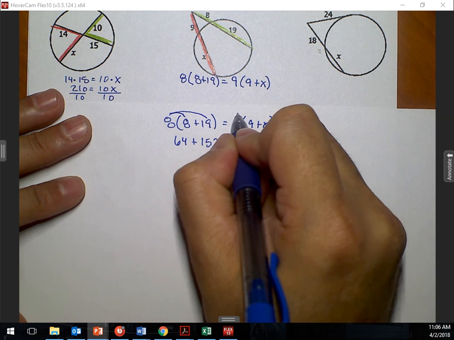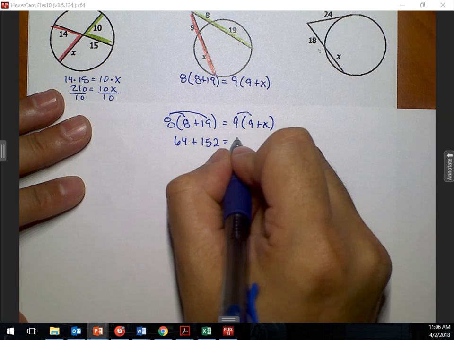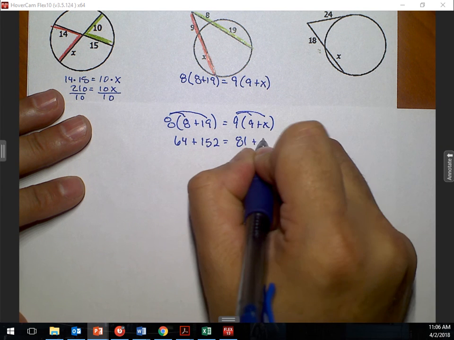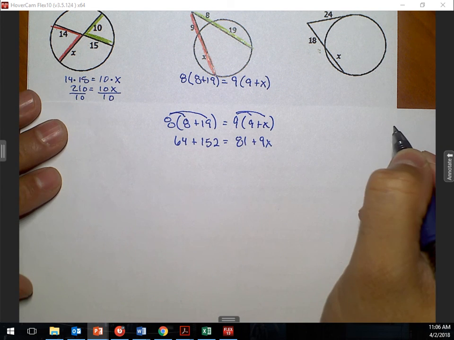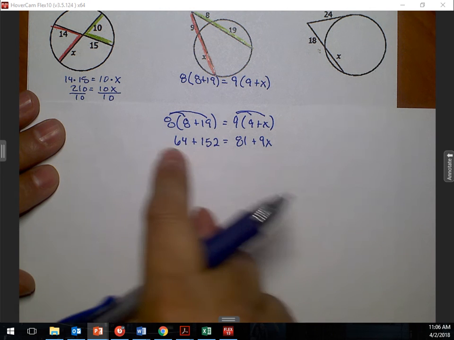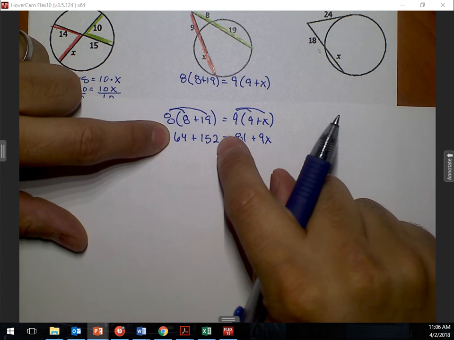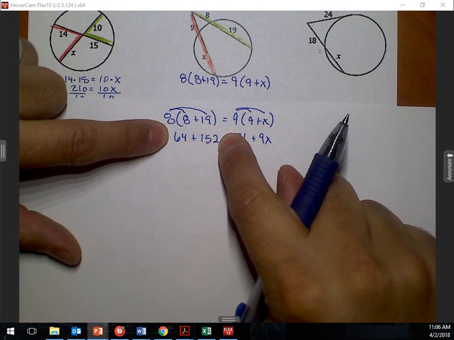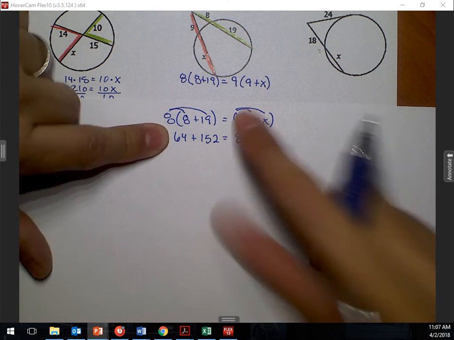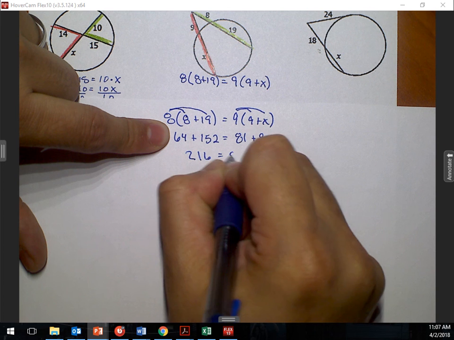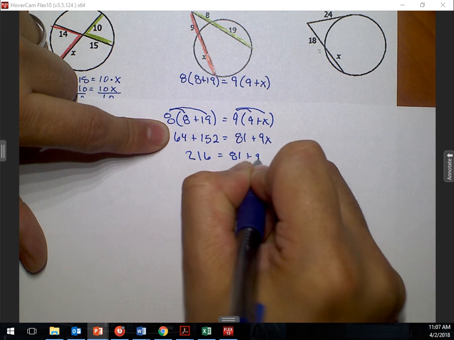Equals, distribute this side, we get 81 plus 9x. What can I do on this side now? Add this side first, right? What do we get? 216 equals 81 plus 9x.